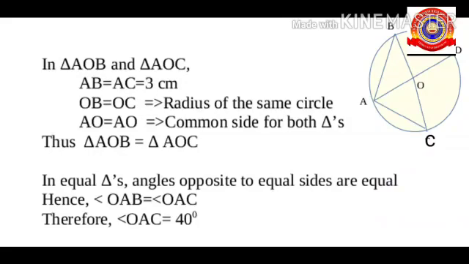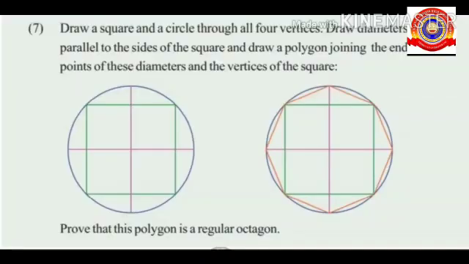Therefore, triangle AOB is congruent to triangle AOC. In congruent triangles, angles opposite to equal sides are equal. Hence, angle OAB is equal to angle OAC. Therefore, angle OAC is equal to 40 degrees.